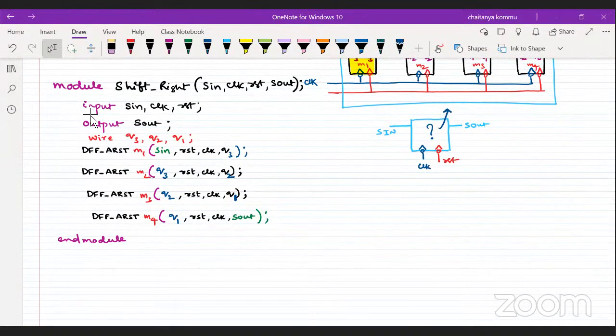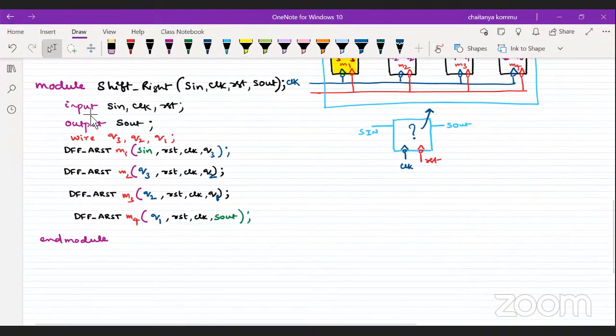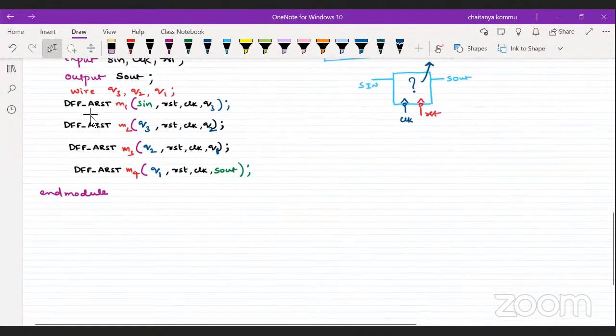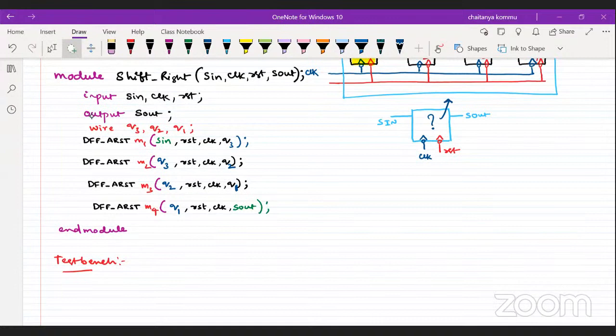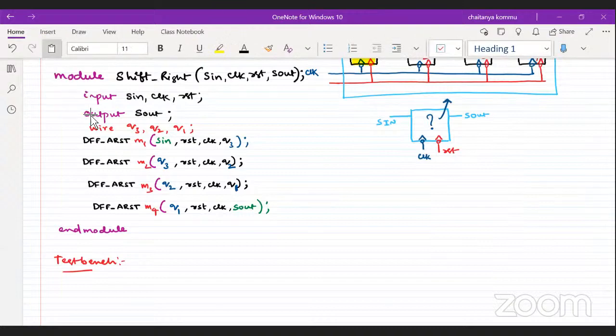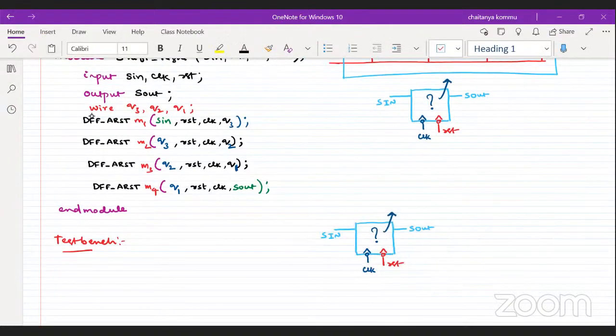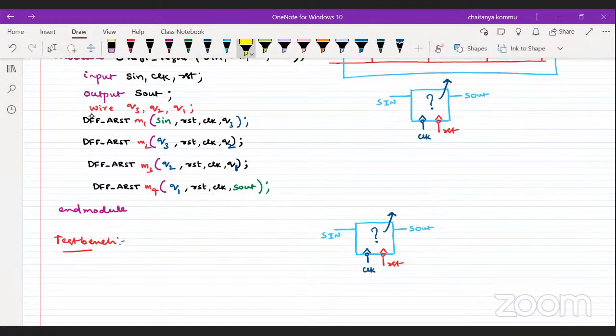So what is the test bench for this one? I'll give you the input test vector, and please try to write the test bench for it. Okay, test bench. What things are required here now? Please remember what things are required. Copy and paste it here. We need SIN, clock, and reset.